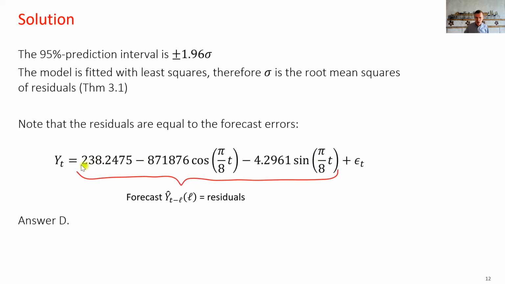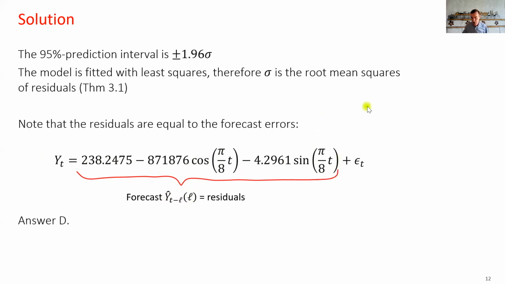That's applying what we saw a minute ago. A minute ago, we were at time t and we wanted to forecast at time t plus L. Now we're at time t minus L and want to forecast what happens at time t. So the notation here, y hat of t minus L, means it's a forecast done at time t minus L with L steps ahead. So that's the forecast of yt. And we see that yt is equal to its forecast plus epsilon.